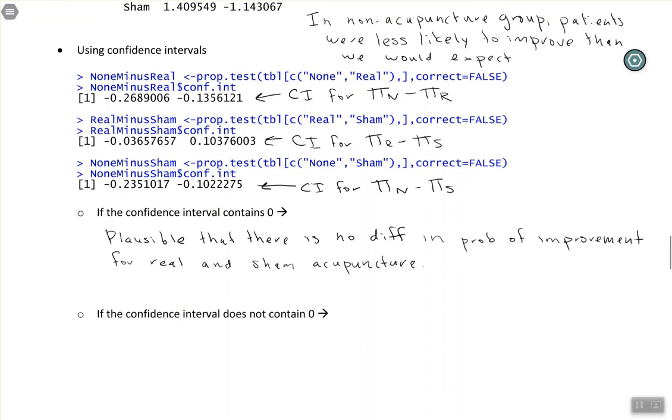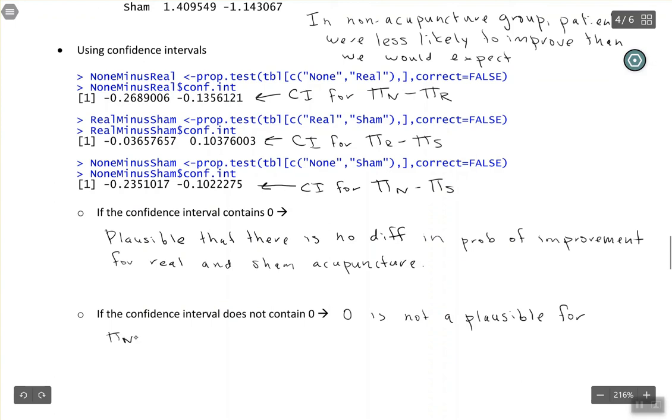What about when 0 is not included? That means that 0 is not a plausible value for the difference. In this case, 0 is not a plausible value for pi non minus pi real or for pi non minus pi sham.